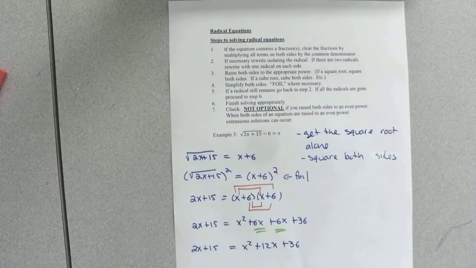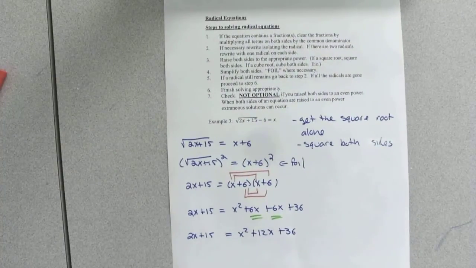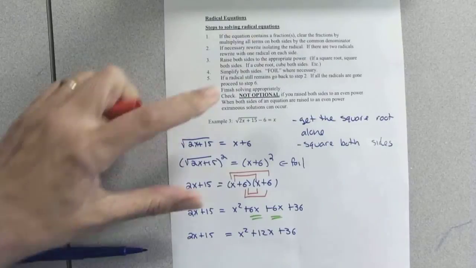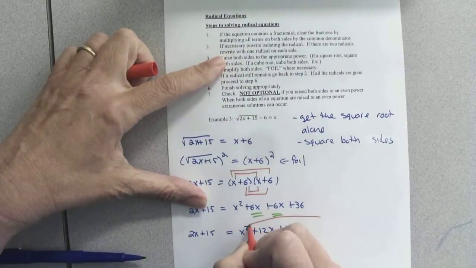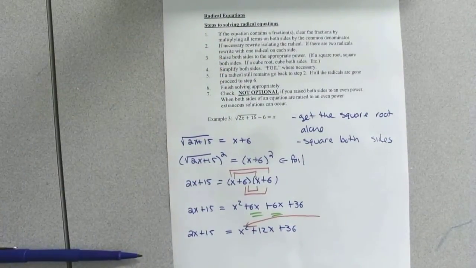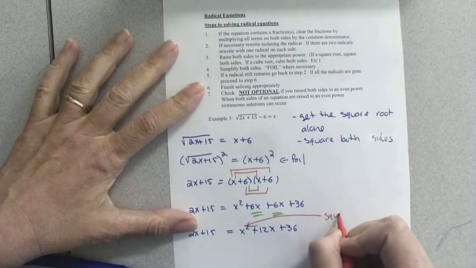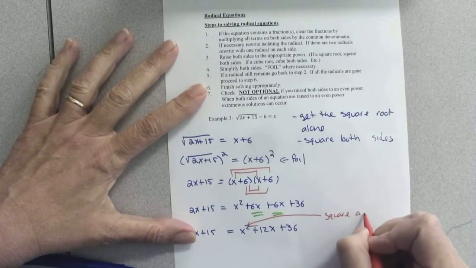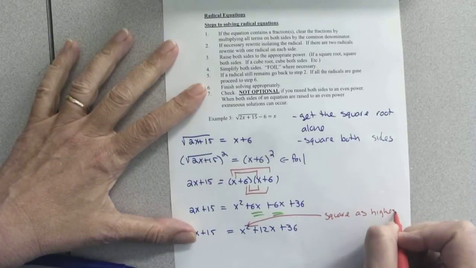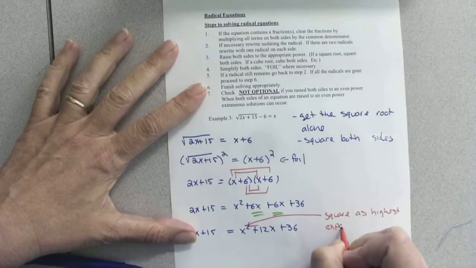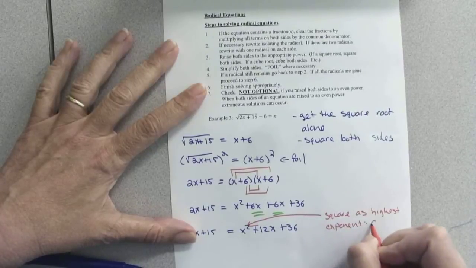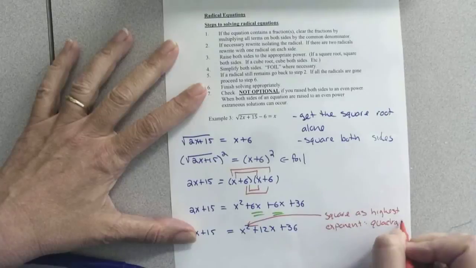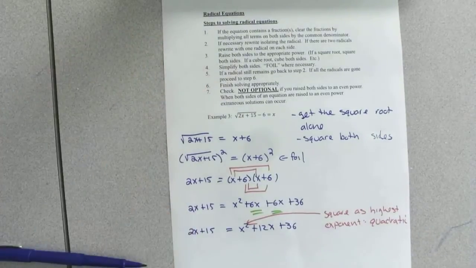And now I just step back and decide what I need to do next. As I look at that, right there I see a square as the highest exponent. That makes it a quadratic. So I think about my choice as the quadratic.